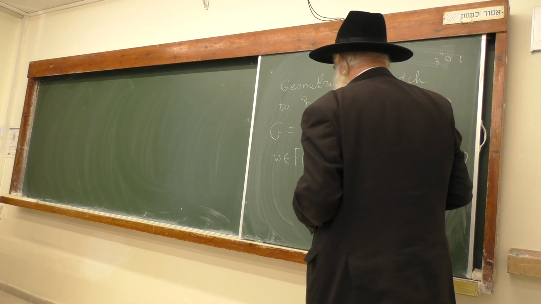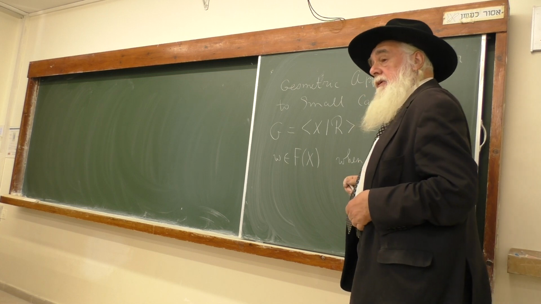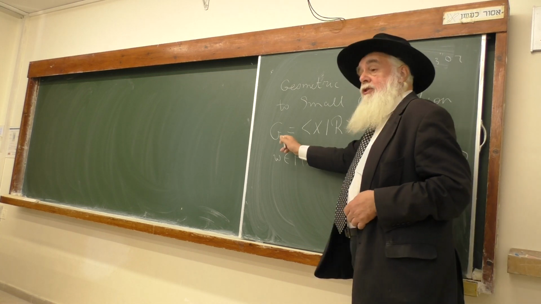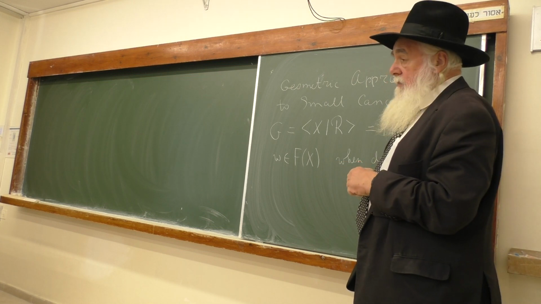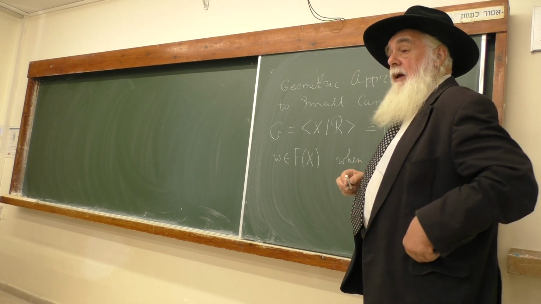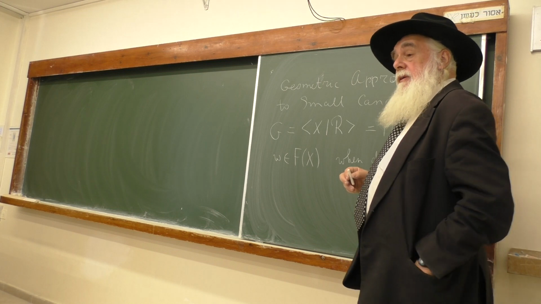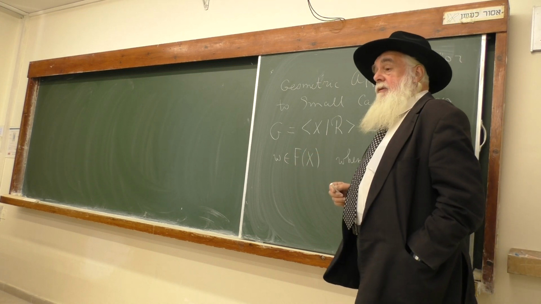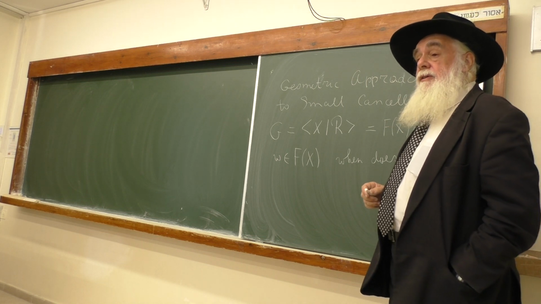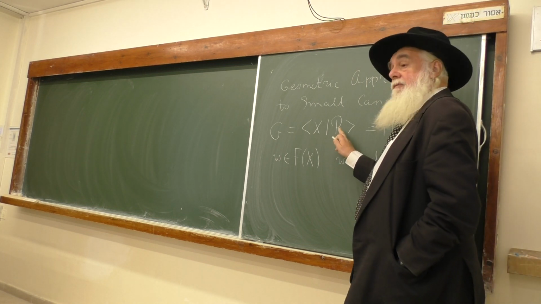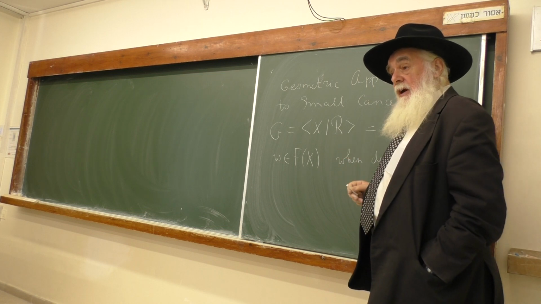Actually, the question is when W is equal to 1 in the group G. So the formal answer is when W is a product of conjugates of elements of R. This is a general answer.